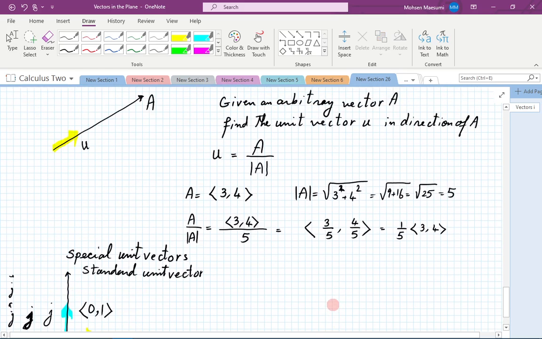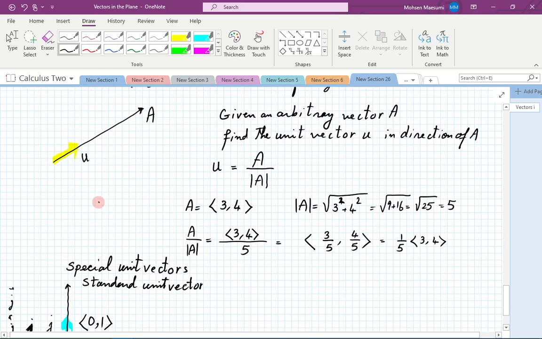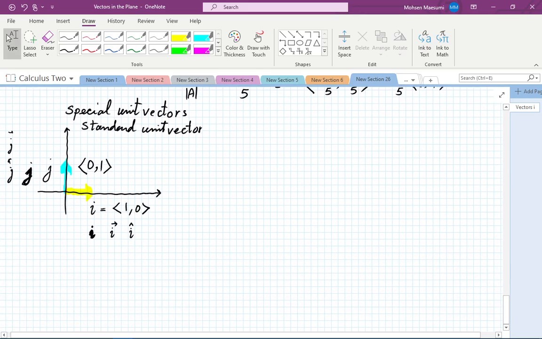Of course, if you take all the unit vectors that start from the same place and draw all of them, what are you going to get? The tips are going to make the unit circle for us. So the unit circle, the word unit appears there as well, is the same idea.